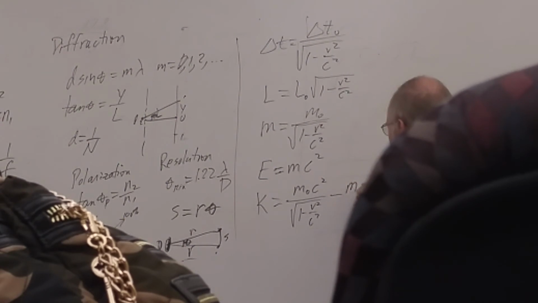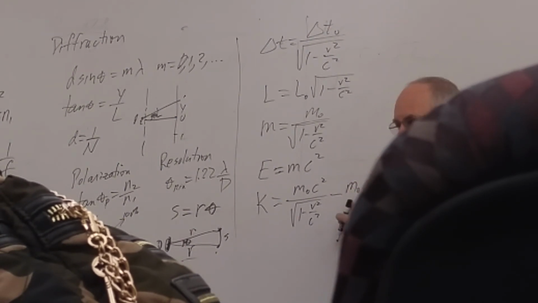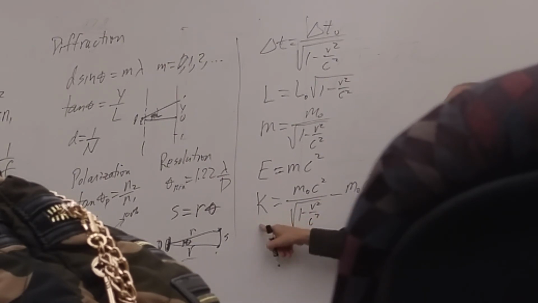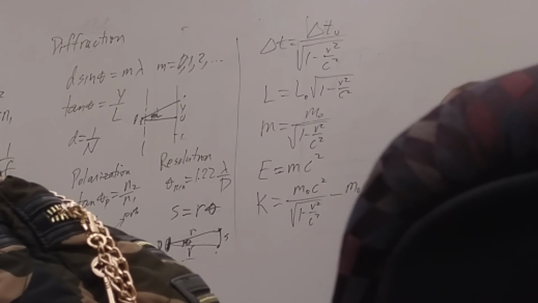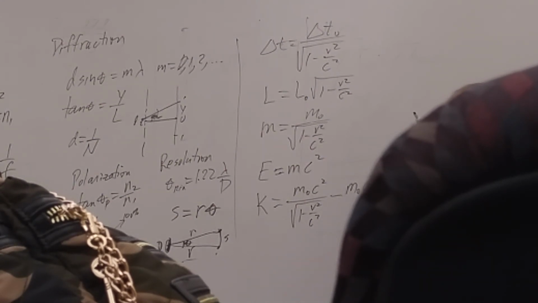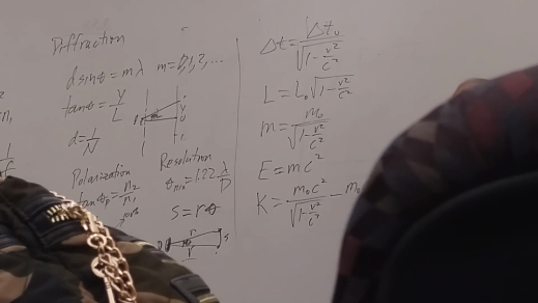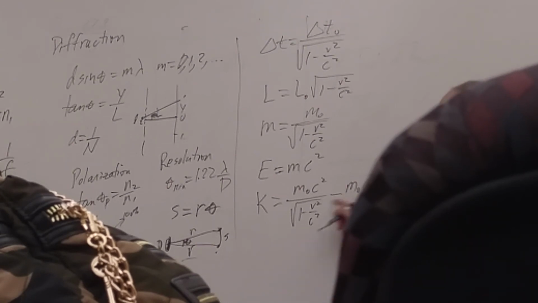And if you subtract out the energy when it's not moving, m naught c squared, then this is the energy of the motion, which is the kinetic energy. So if you're dealing with something moving close to the speed of light, use this for kinetic energy, don't use the 1/2 mv squared.